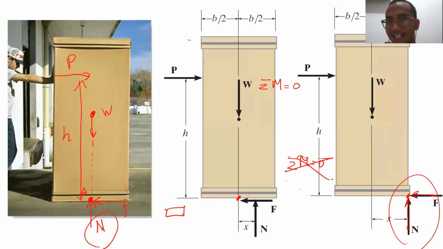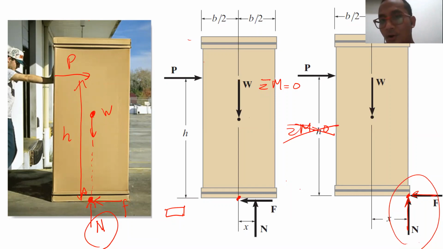So whenever X is bigger than P/2, sigma moment equal to 0 is not maintained anymore. In that case, what really happens there is that alpha will not be 0. Alpha is the angular acceleration.